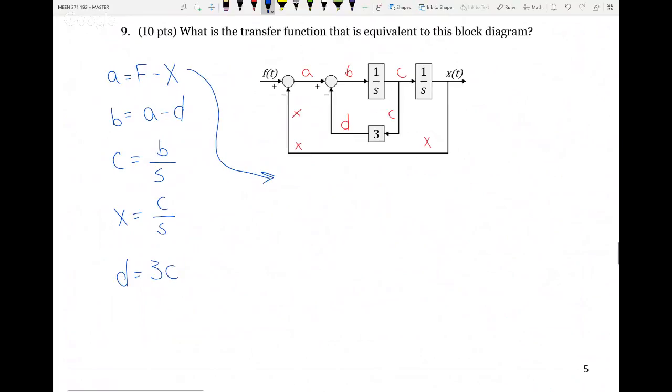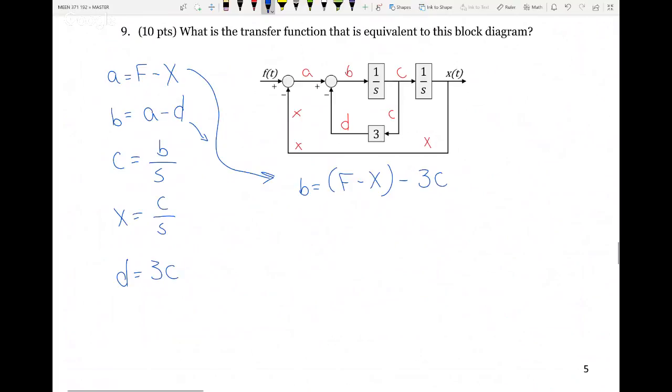Okay, so A equals F minus X, and now we've got this B. Okay, combine those. So B is equal to F minus X minus D, minus 3C.